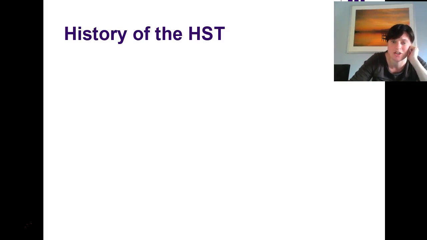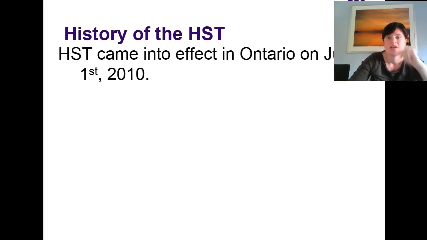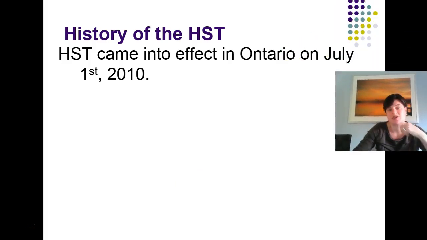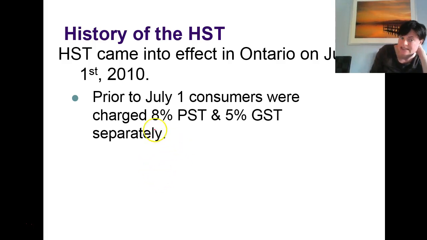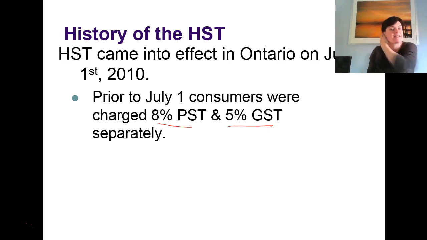So let's talk about the history of HST. HST came into effect in Ontario on July 1st in 2010. Before that, prior to July 1st, consumers were charged 8% PST and 5% GST separately. So on an invoice, you would see both taxes separately.